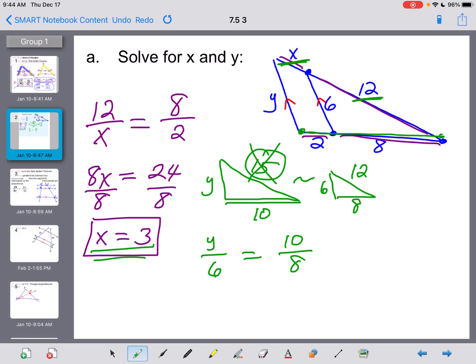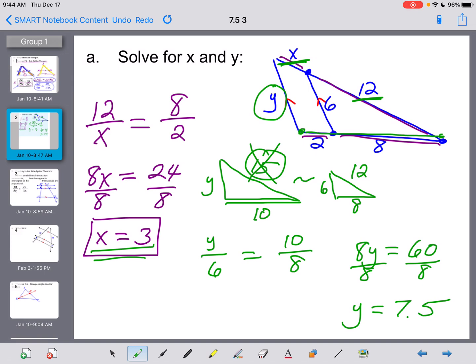So we'd cross multiply now, and we would get 8y is equal to, and 6 times 10 is 60. We would divide both sides by 8, and we'd end up with y is equal to, if I'm not mistaken here, 7.5.